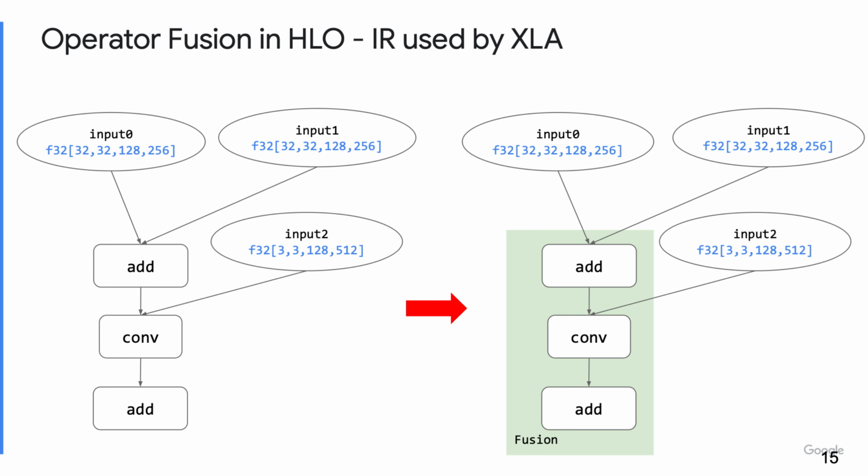So in each iteration, the con decides what the add should produce and what this add should consume. And then by using typical compiler techniques like software pipelining, which Sharad mentioned yesterday, you can hide the add work behind the MXU work in the convolution and achieve the goal, which is a critical path filled with MXU operations.